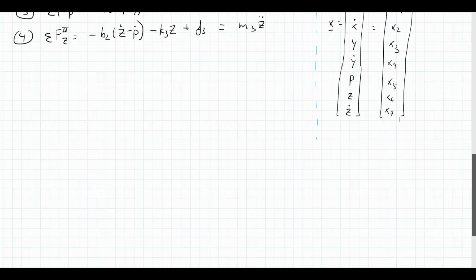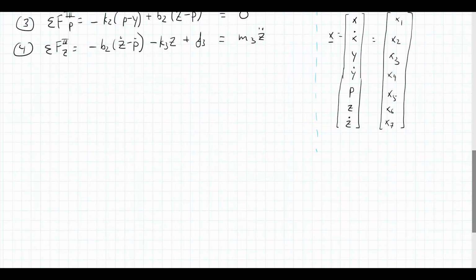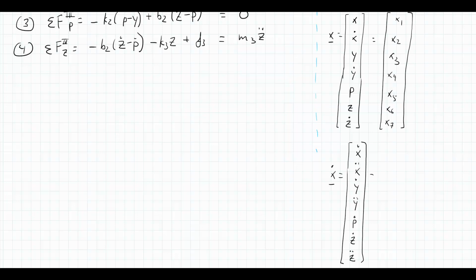Now I can also list out the X dot. So that's going to be the derivative of each of my state variables. So I have X dot, X double dot, Y dot, Y double dot. Here's P dot, Z dot, and Z double dot. And these will also be known as X1 dot, X2 dot, X3 dot, 4, 5, 6, and 7 dot.